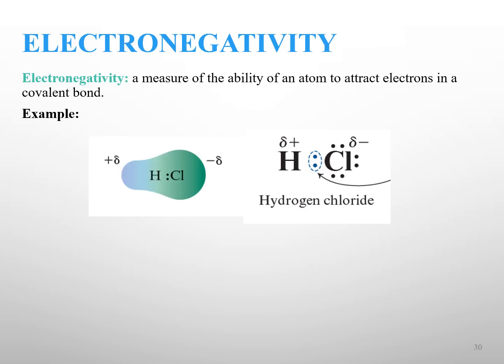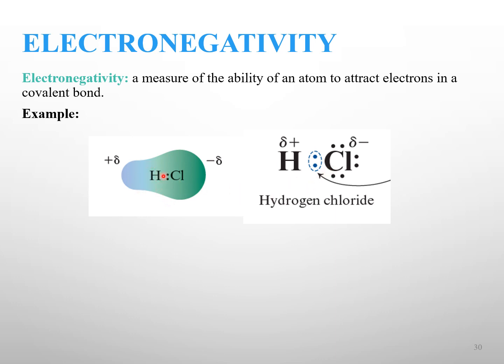In the previous slide, we were looking at the different kinds of covalent bonds. One of them was polar covalent, one was pure covalent. This is an example of why there's a polar covalent bond. It's due to electronegativity, a measure of how much an atom likes electrons, so how well it's able to attract electrons in a covalent bond. Cl is in group 7, so it likes electrons a lot more than H does.